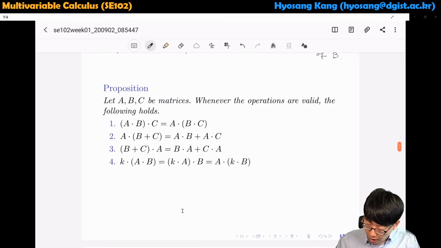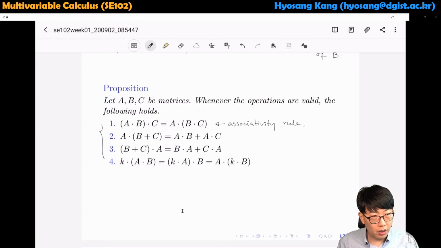So whenever you have a suitable size of matrices that can be applied in your matrix multiplication, in these four equations, this equality holds. So matrix multiplication has the associativity rule.